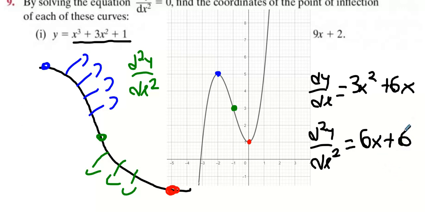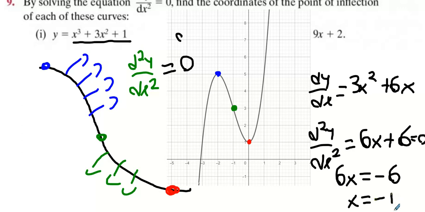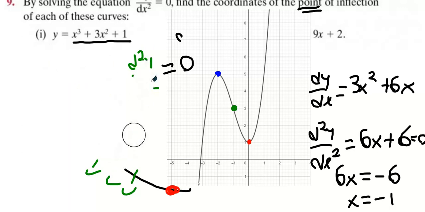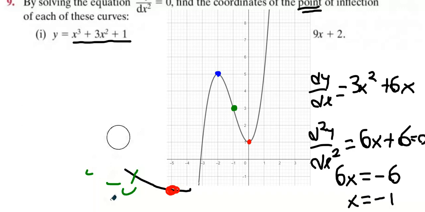I'm going to solve that equal to 0 now, haven't I? Because it's the second derivative equal to 0. We already knew that by the diagram, didn't we? We already knew it was going to be minus 1 by the diagram. It specifically says the point. So what does that mean? I need to go back and sub into the y value and I'm done. Is that all right? Okay.